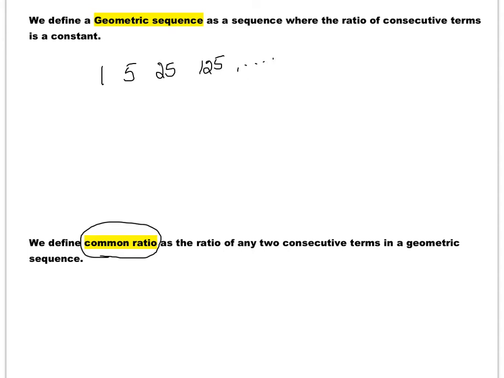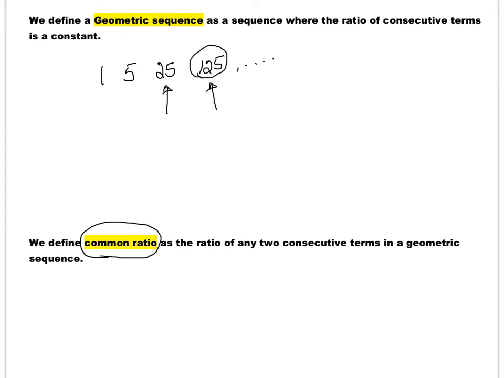In an arithmetic sequence, we said the constant is the common difference, but in a geometric sequence, we call it the common ratio. To find the common ratio, take any two consecutive terms. Let's say in the previous example, 125 and 25.